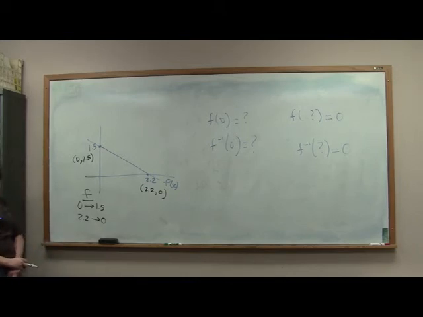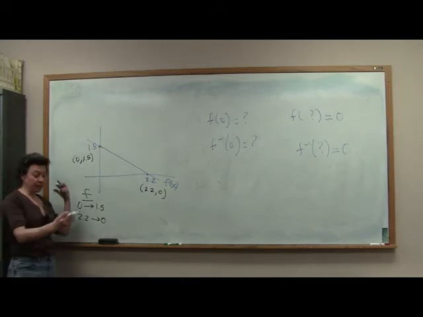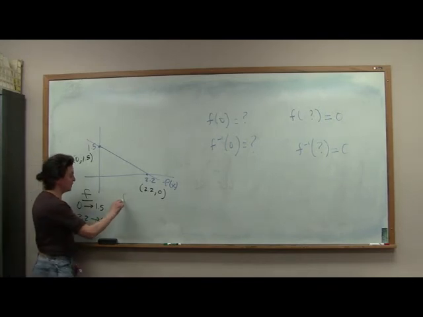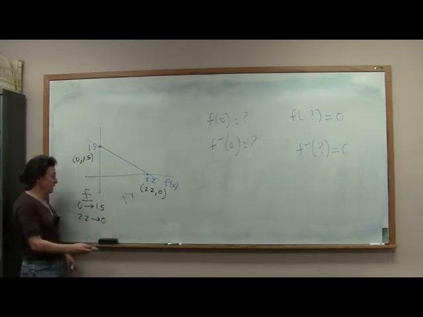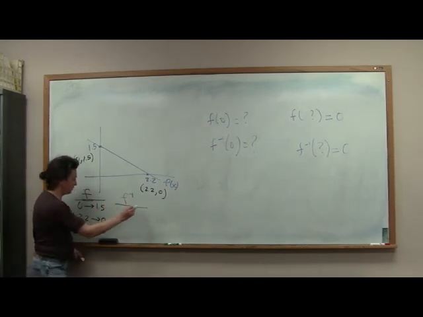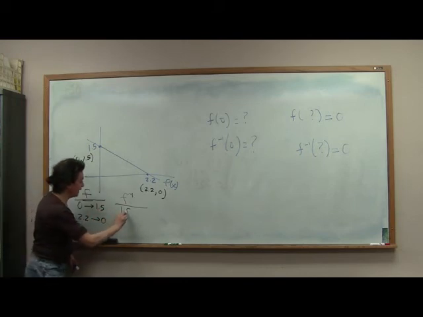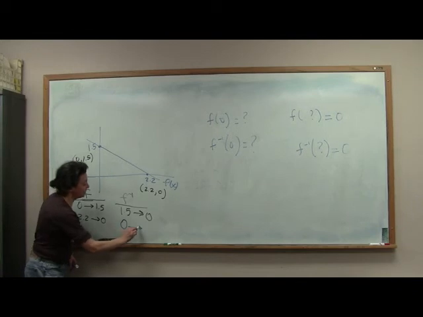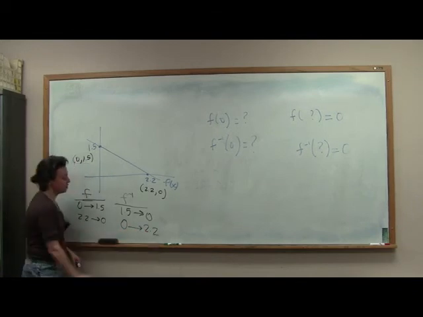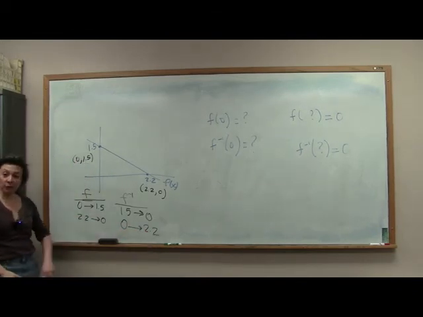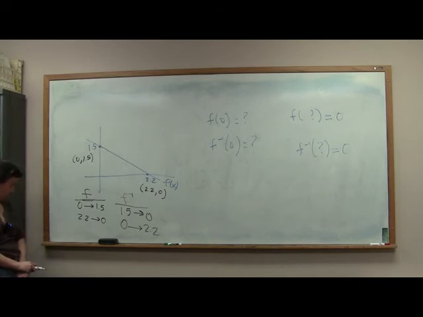Why am I writing it like this? Because I claim it'll help us answer our questions. Using the idea of an inverse, won't my inverse take 1.5 back to 0? And won't my inverse take 0 back to 2.2? And that way we get back to where we started.